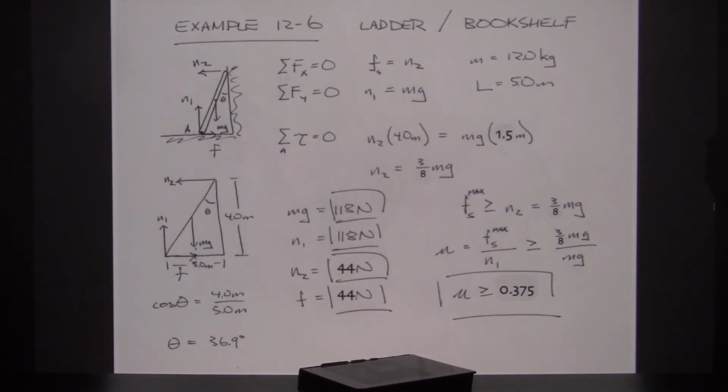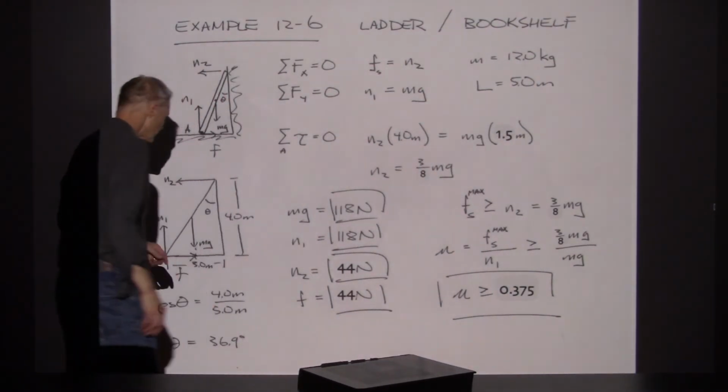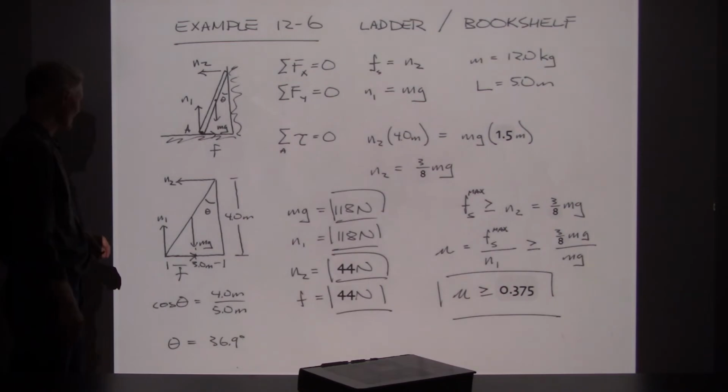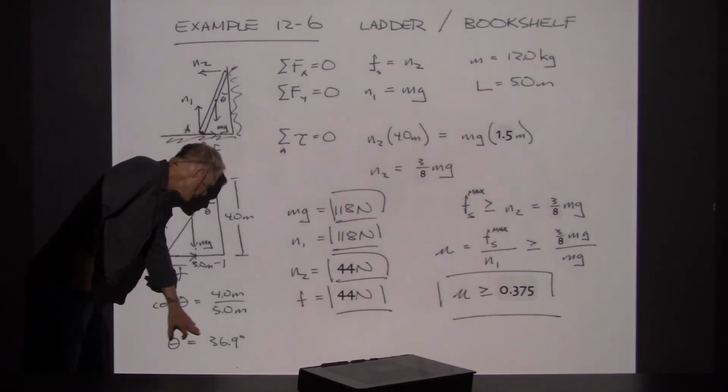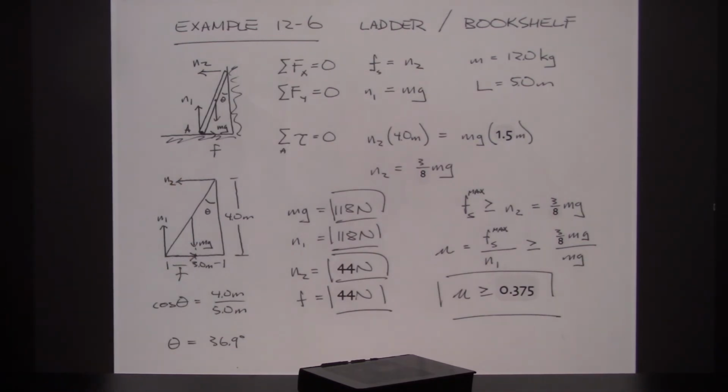All right, so we were able to figure out that the angle here, I don't know if we ever needed this, is 36.9 degrees, and that came from 4 divided by 5, and we take an inverse cosine of that.